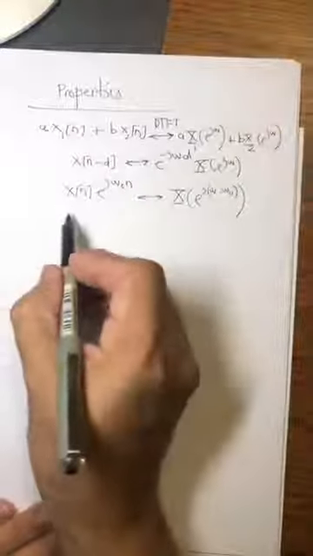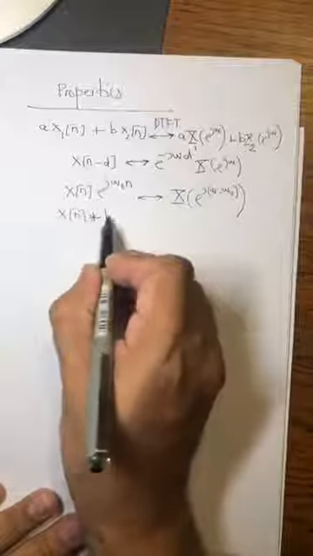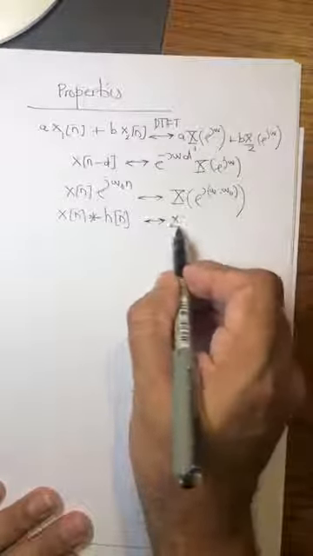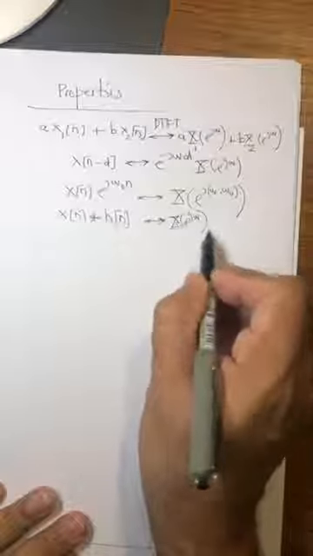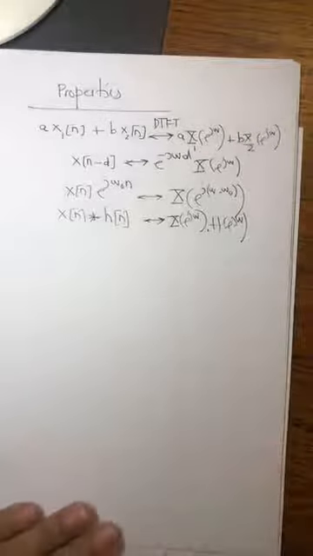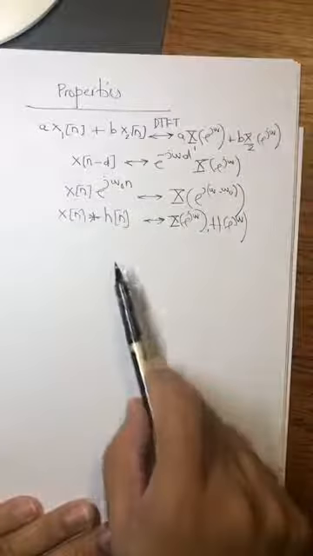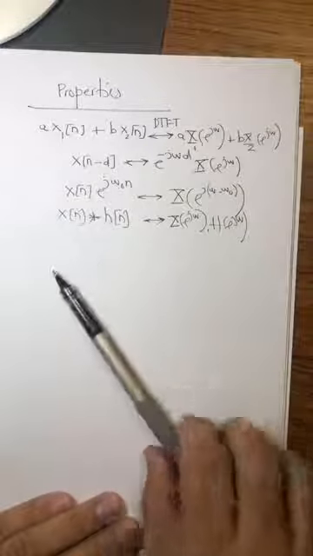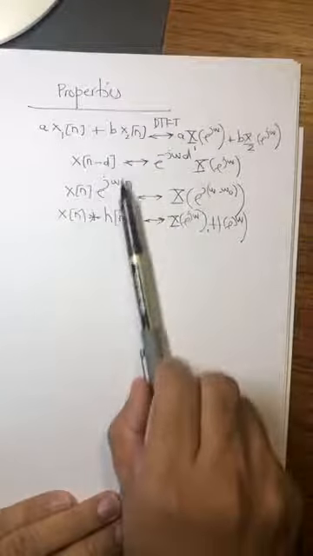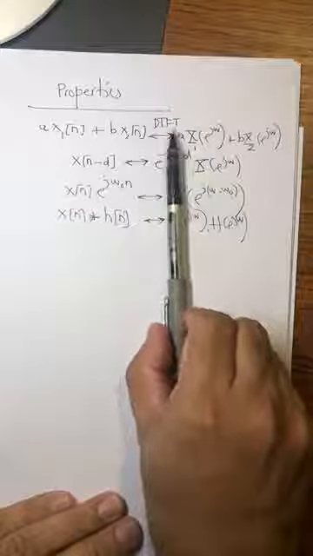Then we have studied convolution in time, multiplication in frequency. And then there are others, but these four properties are very important, which we extensively use in signal processing, even in digital communication. So these four properties are very important properties of discrete time Fourier transform.